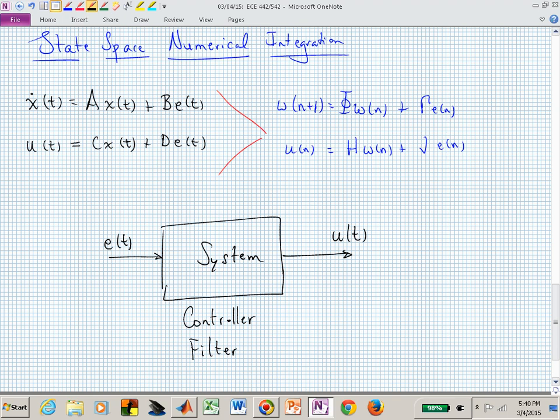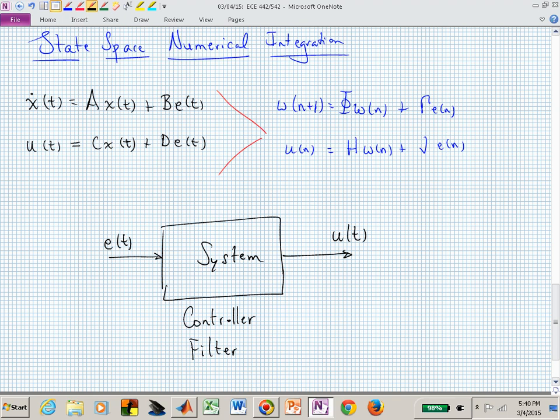But we want to be able to move from A, B, C, D, and you learned that maybe in pre-kindergarten. We want to go from there to phi, gamma, h, j. So we're mixing Greek and English. That's why we're now in college, right?